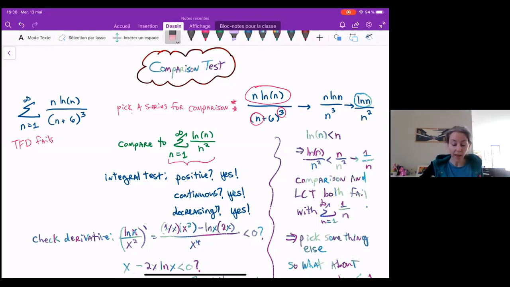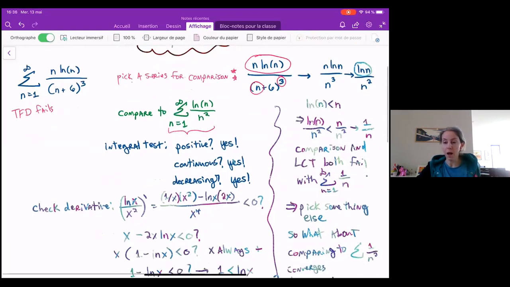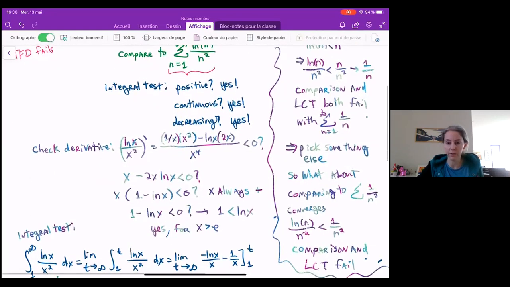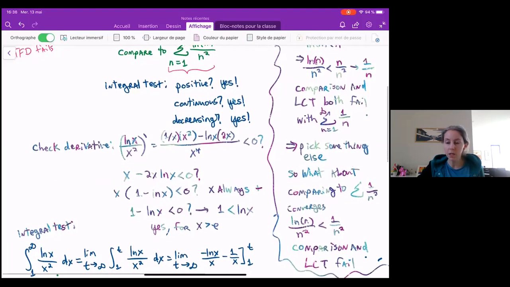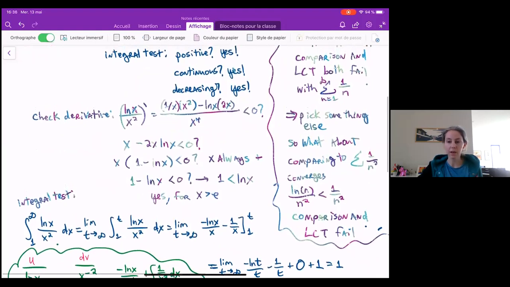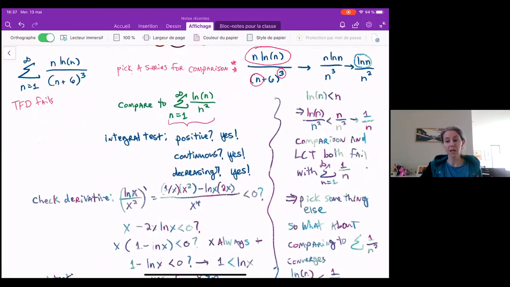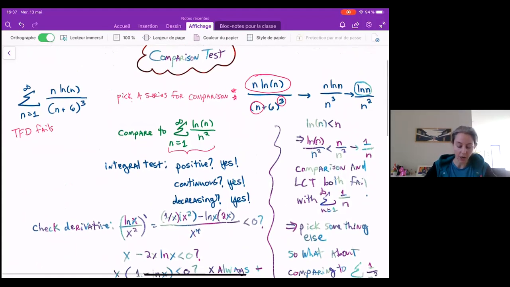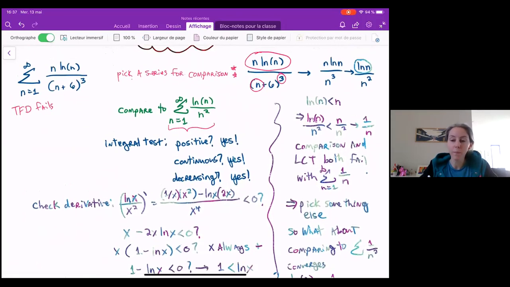And it turned out that both of them ended up with the comparison test and the limit comparison test failing. When we tried the harmonic series and when we tried the p-series 1 over n squared, comparison and limit comparison both failed. So we said, okay, I guess we're going to have to figure out if this ln n over n squared converges or diverges. That looks like a reasonable thing for the integral test. So we applied our integral test here, and the series that we picked for comparison converges.